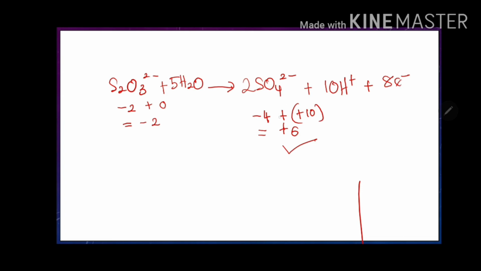Because -4 plus 10 plus -8 is equal to -2. See? So now both charges are balanced. That means you have finished the second equation here.